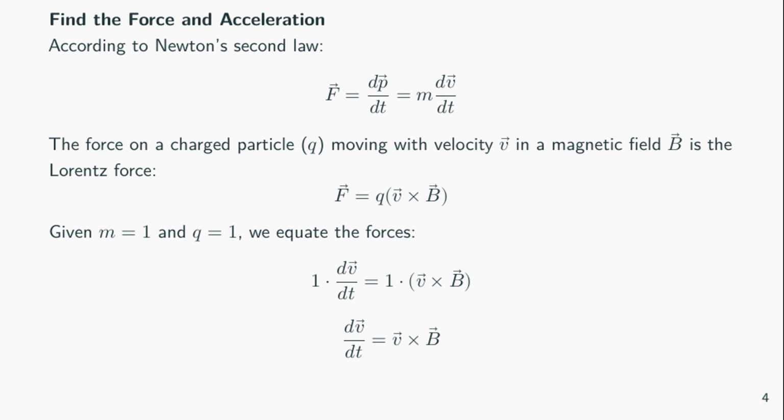For a charged particle q moving with velocity vector v in a magnetic field vector B, the force is given by the Lorentz force formula, which is vector F equals q times the cross product of vector v and vector B. Since we are given that the mass m is 1 and the charge q is 1, we can equate these two expressions for the force. 1 times d vector v by dt equals 1 times the cross product of vector v and vector B. This means d vector v by dt equals vector v cross vector B.